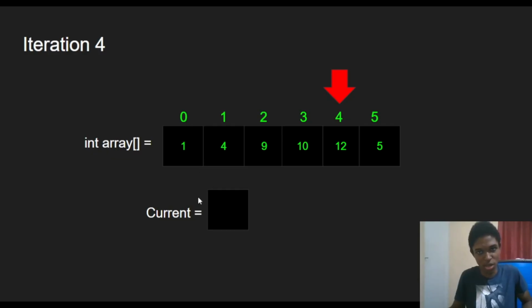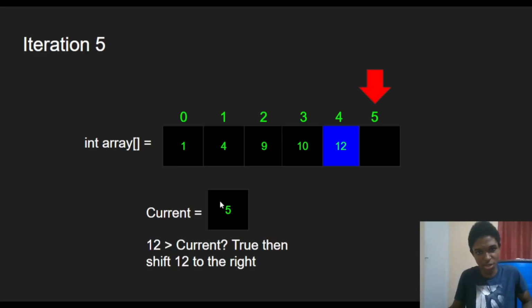Now guys, we'll move on to the fifth and last iteration. We'll take the value that's at position 5 and place it within our current variable. Now guys, we will compare the values to the left. Is 12 greater than our current value?